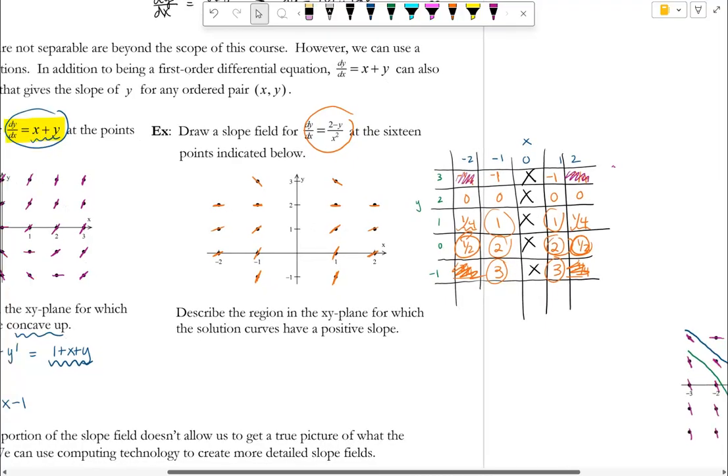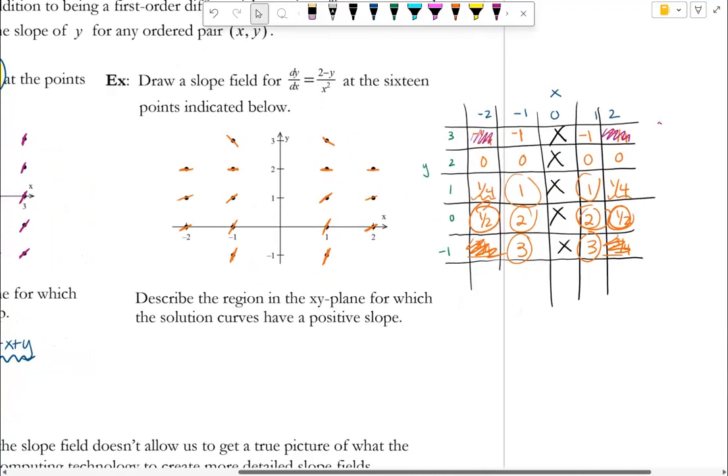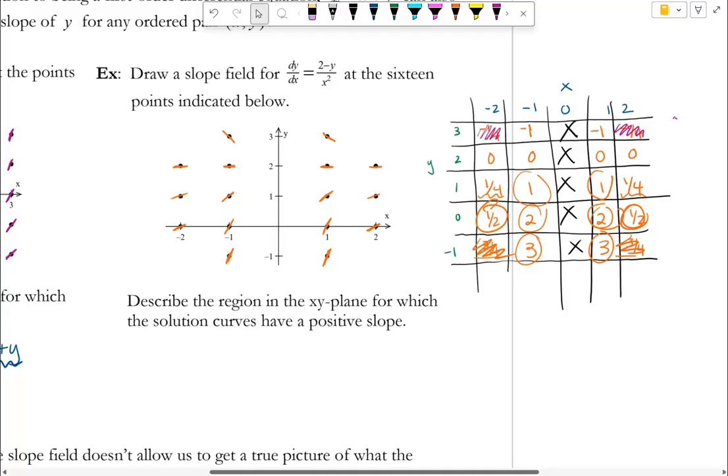The next thing that we are asked to do is to describe the region in the xy plane for which the solution curves have a positive slope. Now, we could probably just reason about that from our slope field, but I know if my solution curves have a positive slope, that means dy dx is positive.